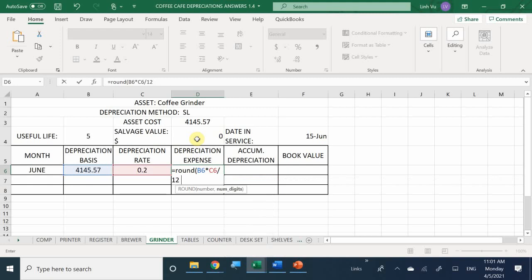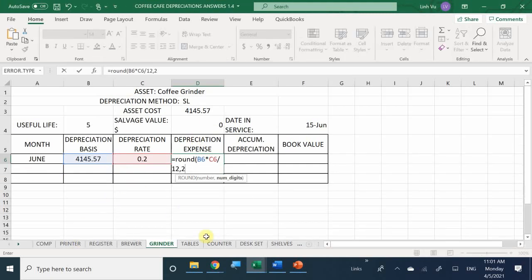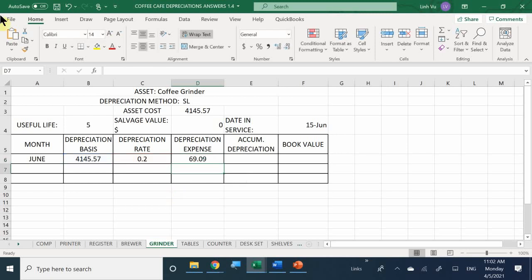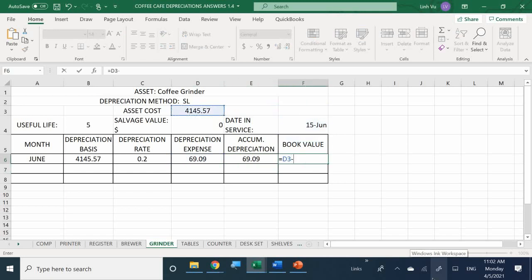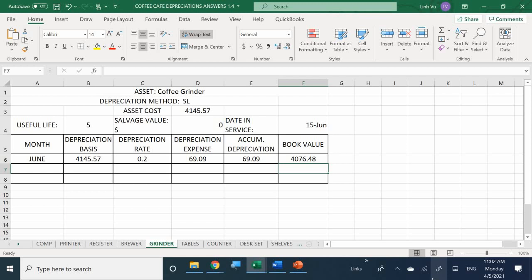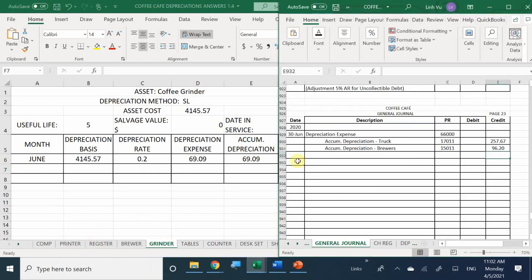So what should be my depreciation expense for the month of June? $69.09 is correct. All right, there we are. Okay, so 69.09. So now I'm going to go ahead and journalize that real quick right now. So here we are.